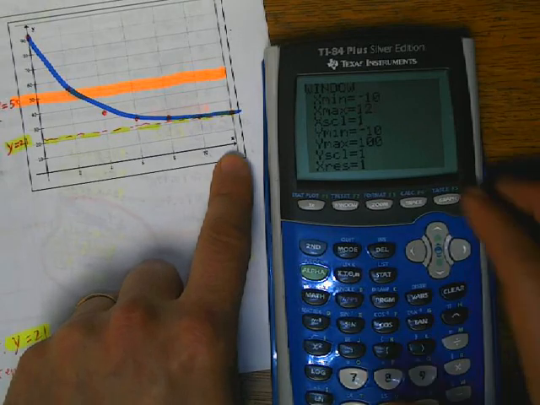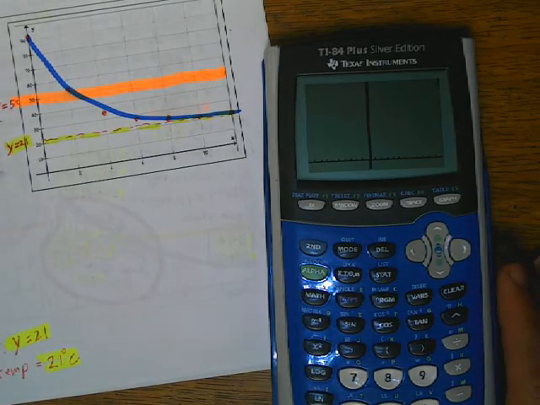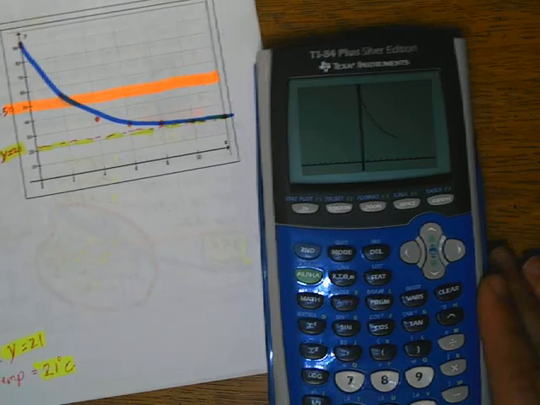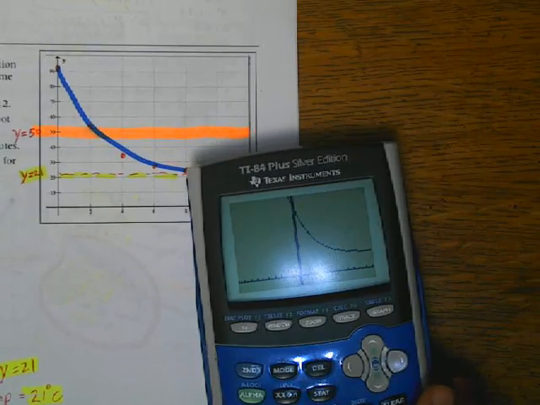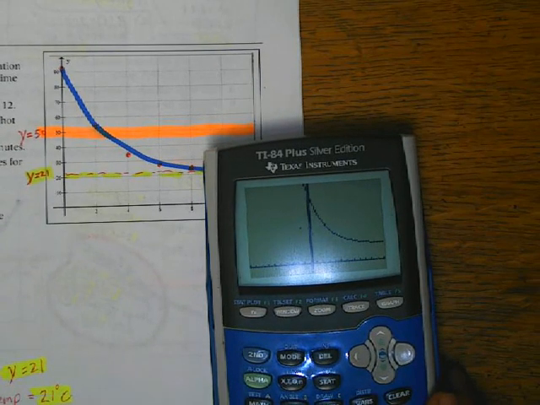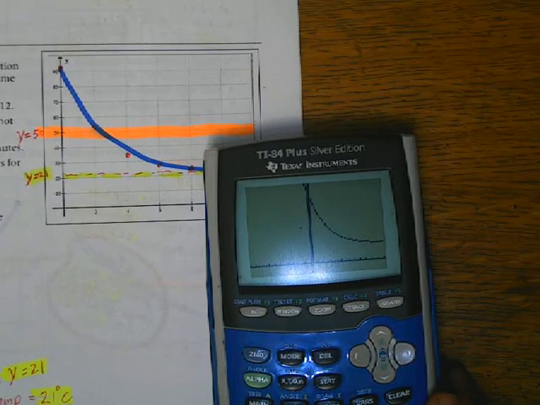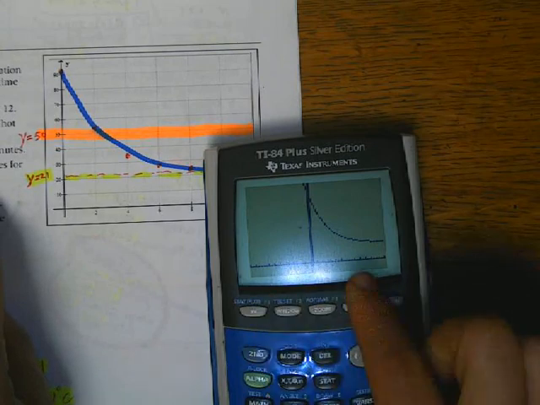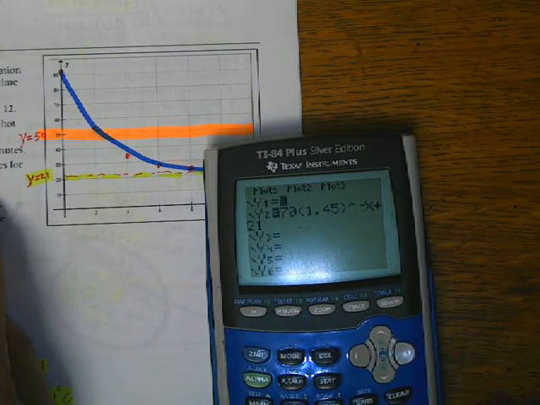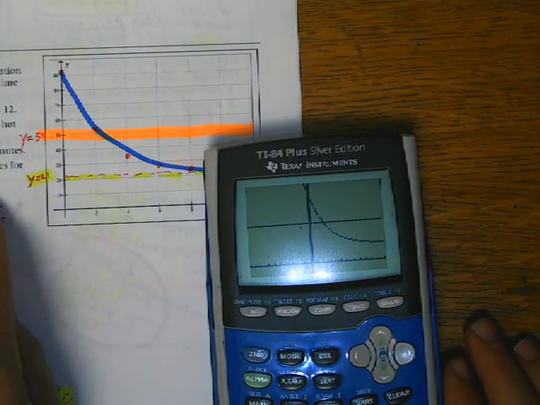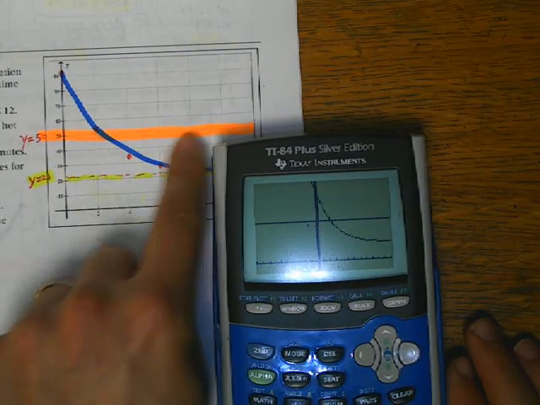We hit graph, and we're going to see our curve looking like this. We want to find the number of minutes for the chocolate to reach 50 degrees, so I drew a line here at 50 also, and that's what I've drawn right here.